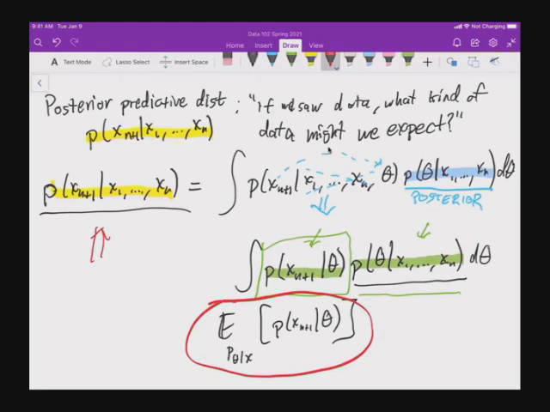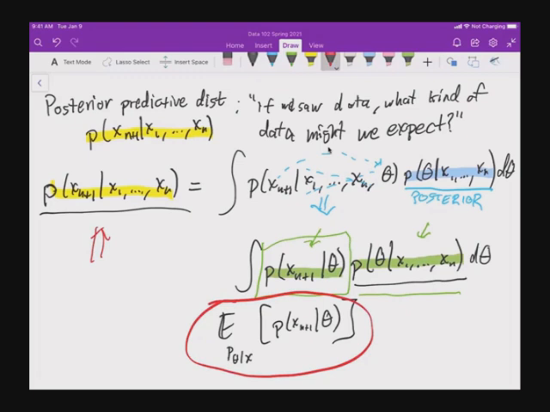If those new data points seem reasonable given what you've seen so far, then you're in good shape. If they don't look so good, that might be a case for reevaluating your model, trying to find a better approximation of the posterior, changing your prior or likelihood, and so on.